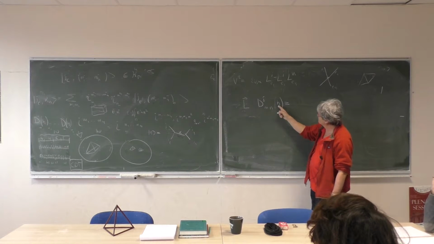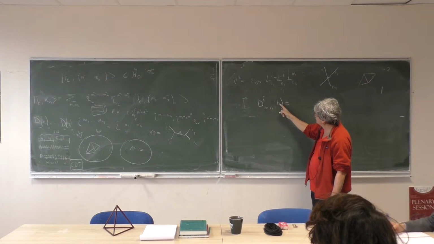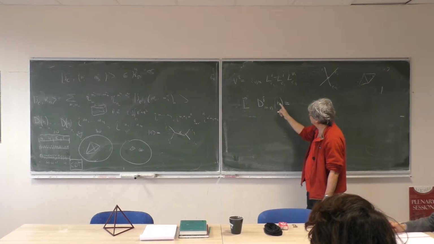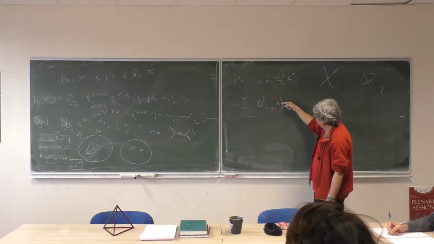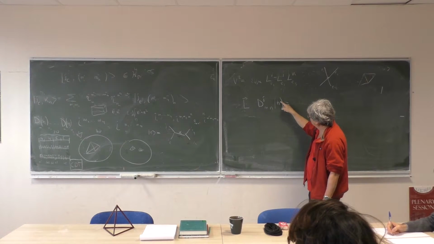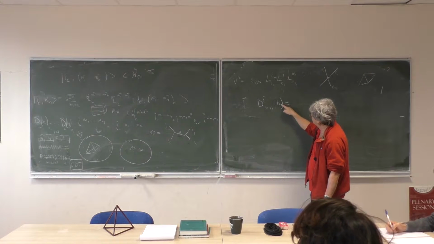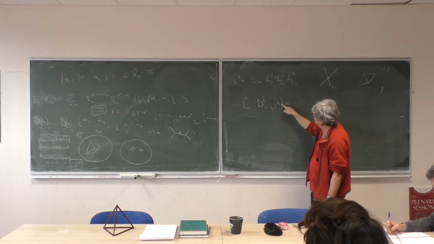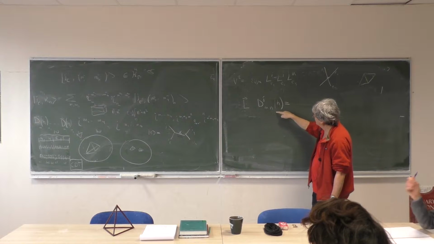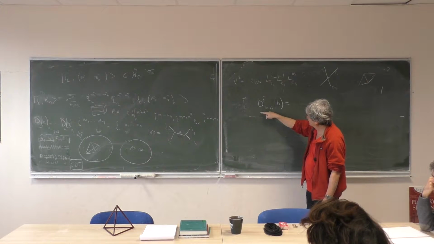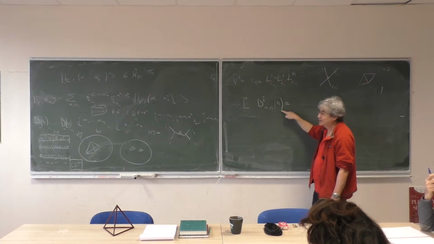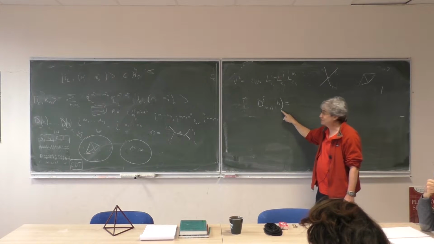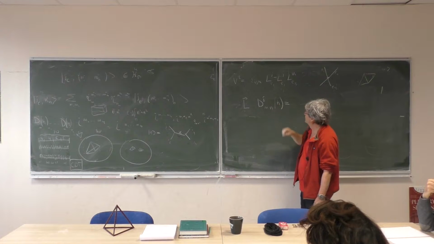This is a generator of a gauge transformation here. Remember how it is defined. This is a limit for a small group element acting here. So when you act with a small group element here, you have a representation matrix. In the limit, you have just the generator of this representation in j.